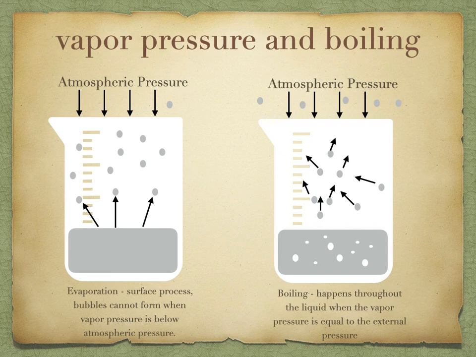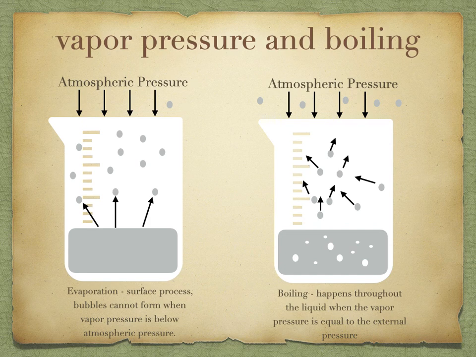Boiling, on the other hand, happens when the temperature gets high enough that you can create enough kinetic energy to start forming bubbles inside the liquid. And the key feature that's going on there is that the pressure inside those bubbles is temperature dependent. So below the boiling point, bubbles cannot form and sustain because the atmospheric pressure above the liquid is going to cause them to collapse immediately when they try to form.